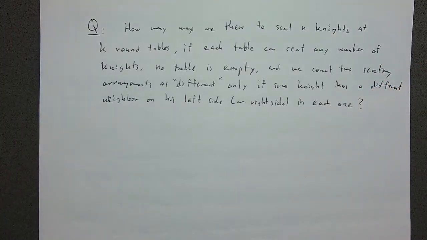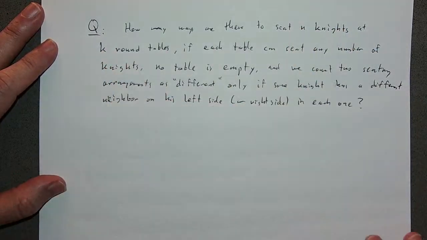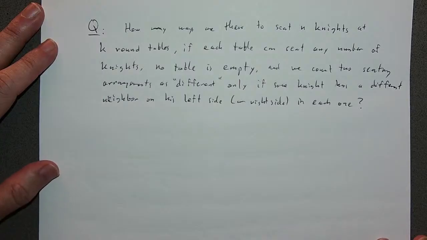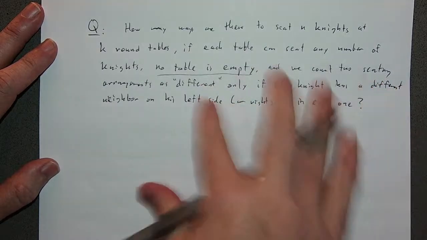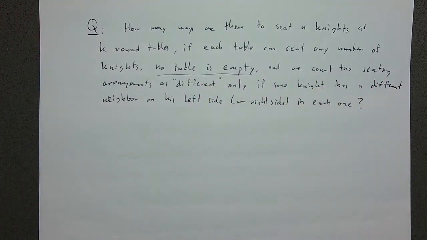Okay, so pause for a second. Seems like a very long-winded question. So, how many ways are there to seat n knights at k round tables? Each table can seat any number of knights, but we can't leave any table empty. And we count two seating arrangements as different only if some knight has a different neighbor to his left or right side in each one.